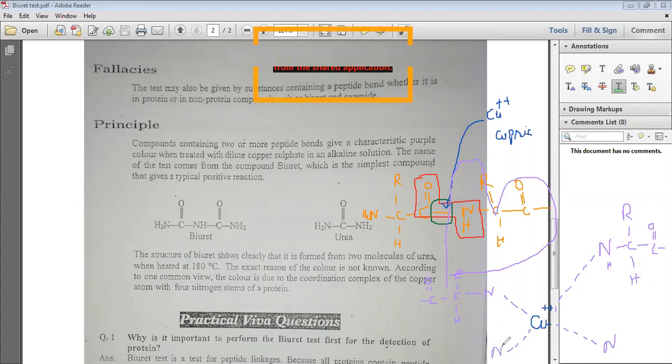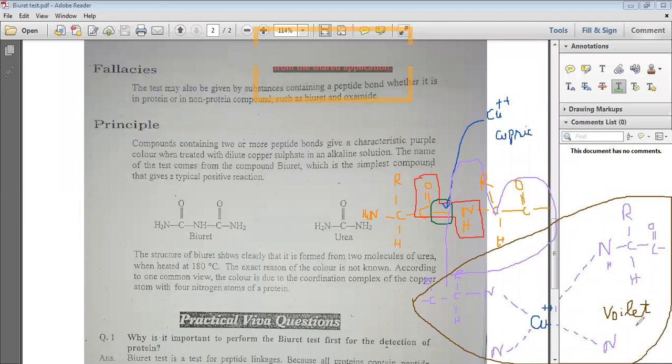In this way, one cupric ion from the biuret reagent can break four peptide bonds and make a complex. This is the formation of a complex. When this complex is formed, it would produce a violet color, or we can say purple color, bluish violet or pinkish violet, due to this complex.